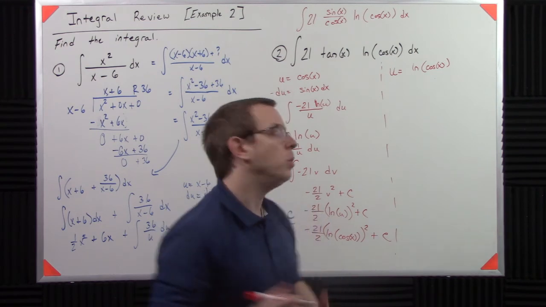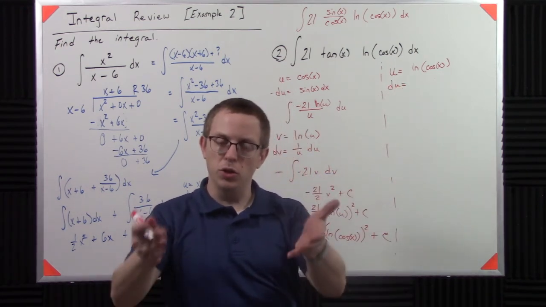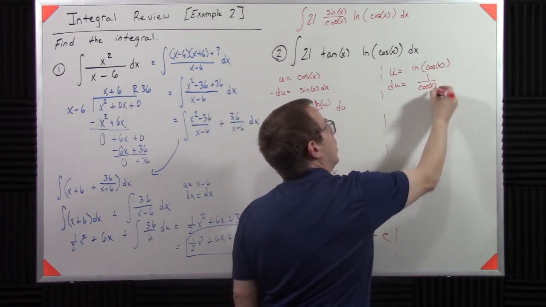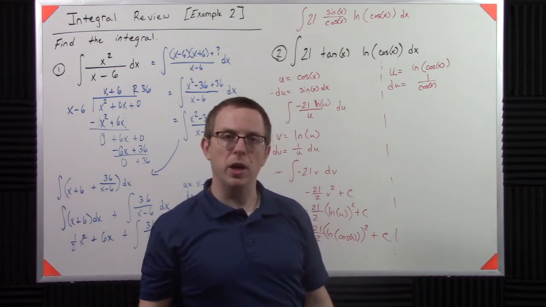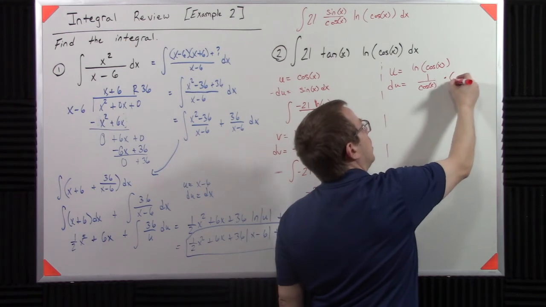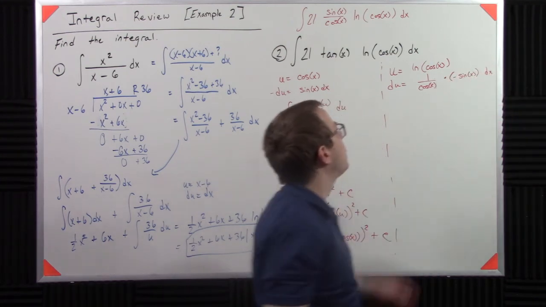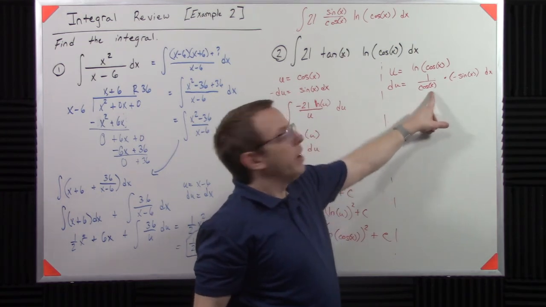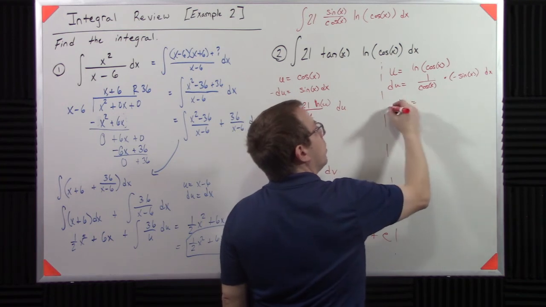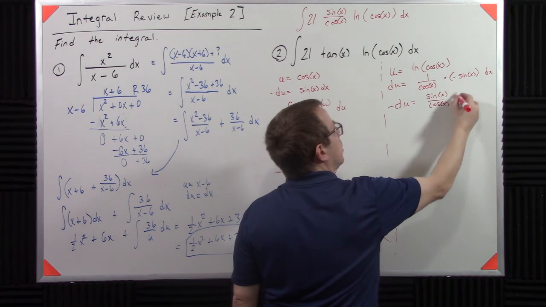So when I take du, the derivative of the natural log of something is 1 over the something times the derivative of the something. So the derivative of cosine of x is negative sine of x dx. So then, if I pull that out, the negative du equals sine x over cosine x dx.